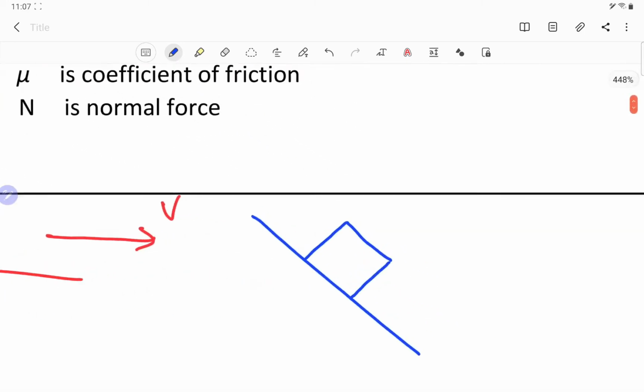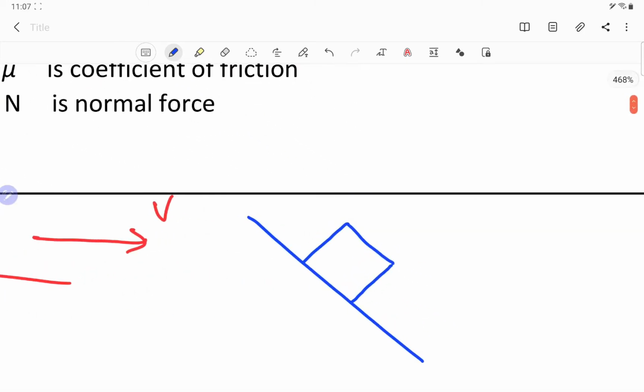Okay, contohnya kita ada satu objek berada dalam kedudukan condong. We apply a force over here. Tapi force kita ni tak cukup kuat. So, objek ni masih lagi bergerak ke bawah, turun daripada satah tersebut.